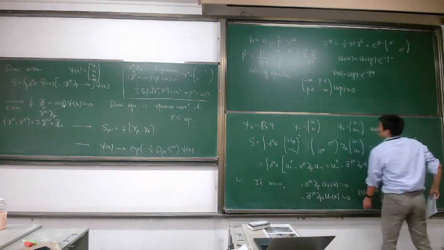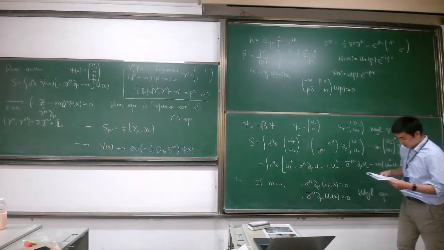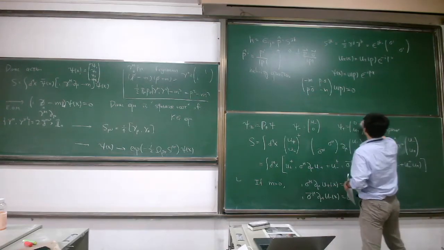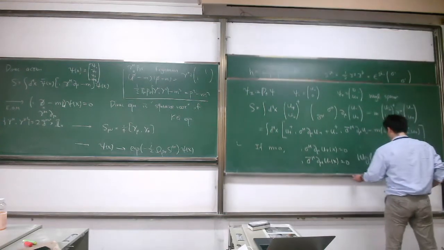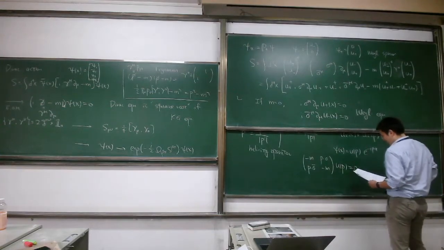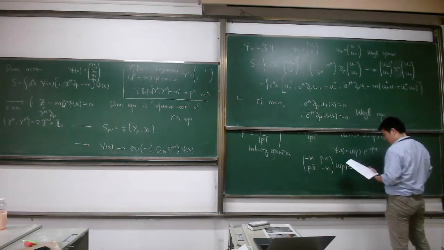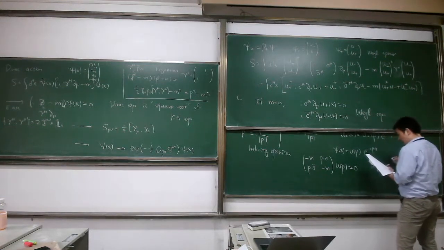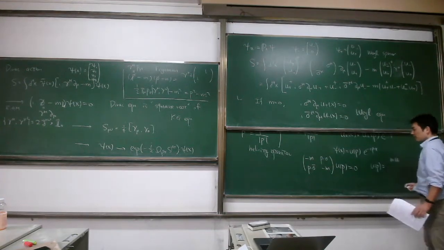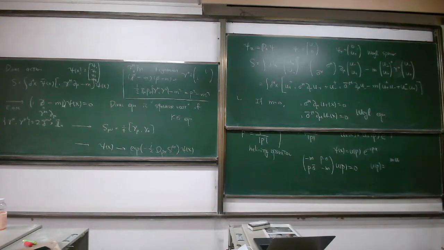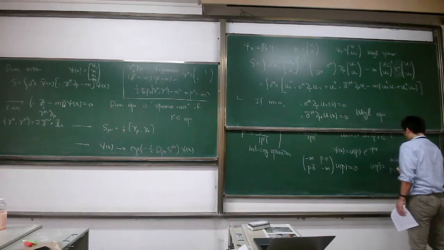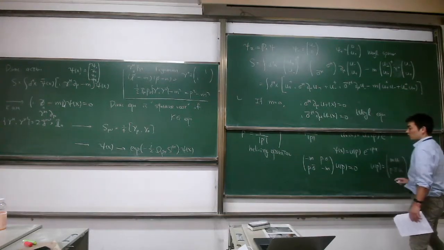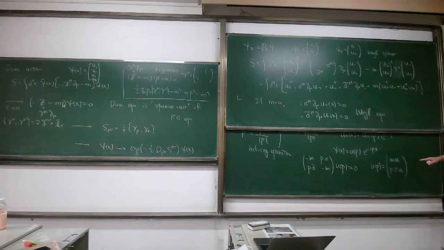Okay, so let's construct the solution to this equation, and it's super easy. For instance, if you set u(p) equal to m times u1 on top, and p dot sigma bar times u1 on the bottom, this equation is satisfied.